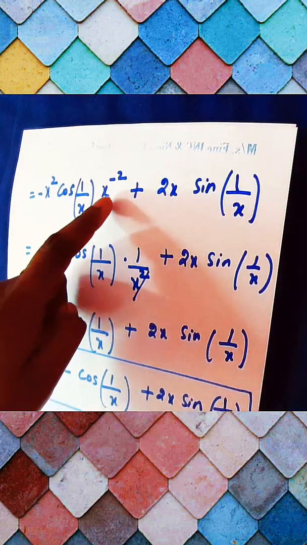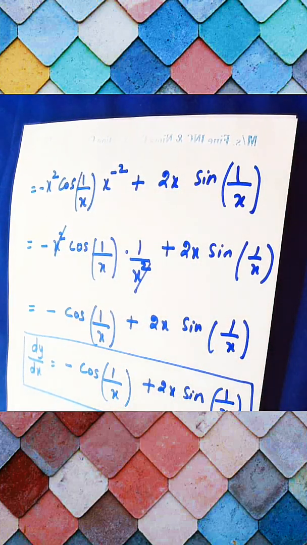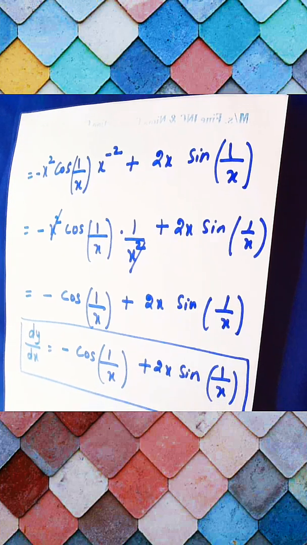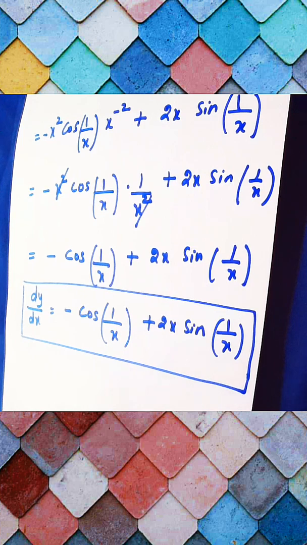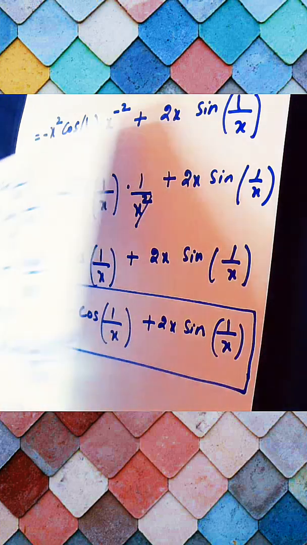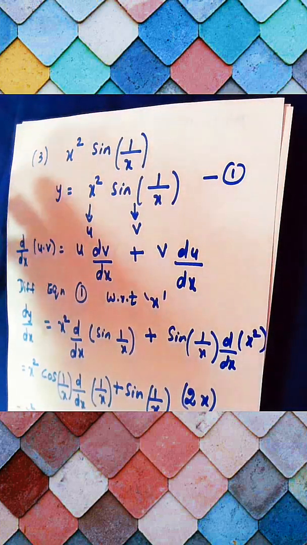We can bring x to the power minus 2 to the denominator, it will become x square. This x square will get cancelled, and this will be the remaining answer, minus cos 1 by x plus 2x sine 1 by x. This is the derivative of sine 1 by x into x square.